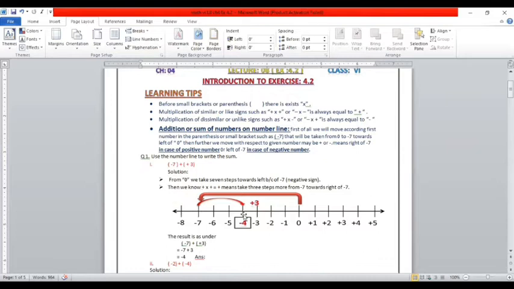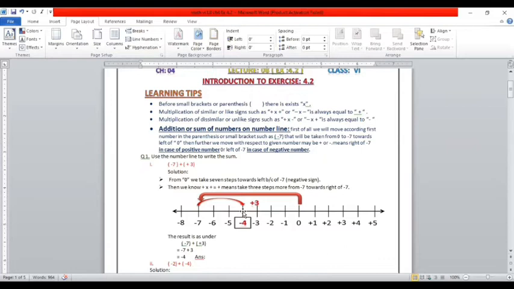That is absolutely clear. Here 1, 2, and 3. I reached at the minus 4. And this is the answer of the addition of minus 7 and plus 3.